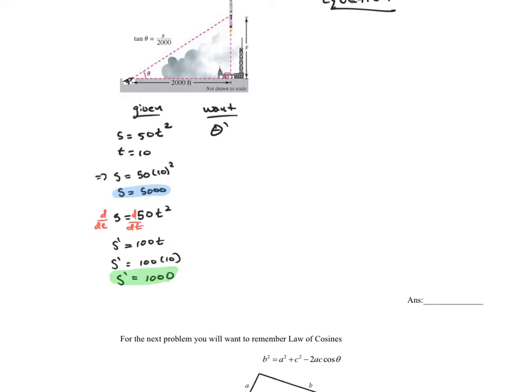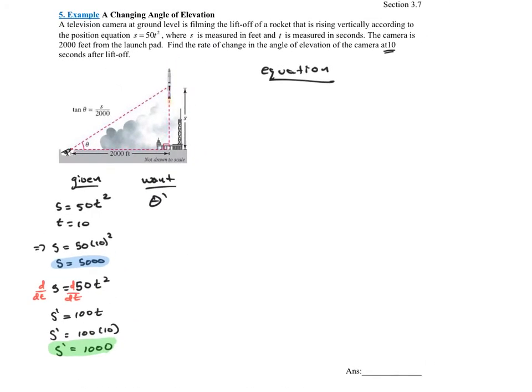Okay? So let's take a look at this picture, and I'm going to look at this triangle again. When I look at this triangle, I know here's theta, that angle of elevation. I know the bottom is fixed at 2,000, and this side is s. Think about a relation between theta, s, and 2,000.